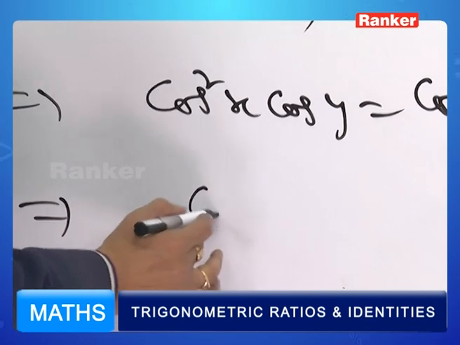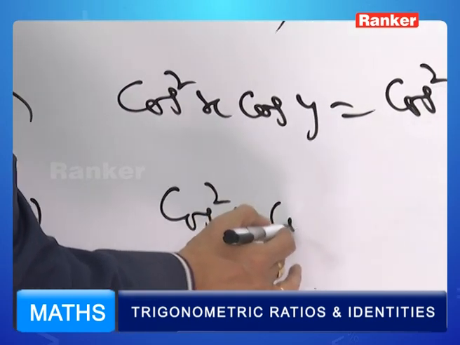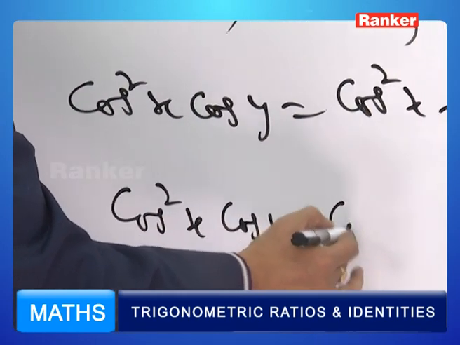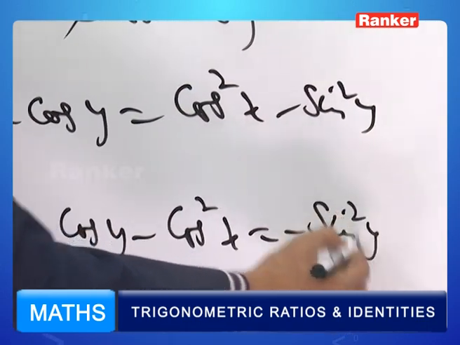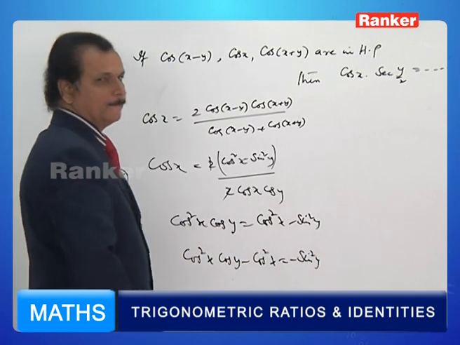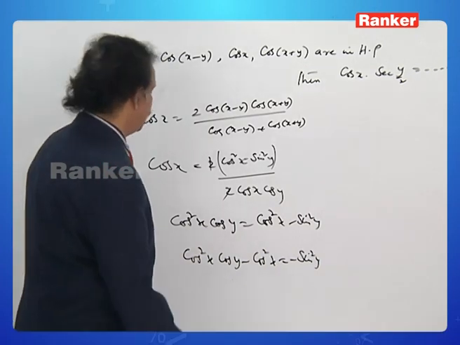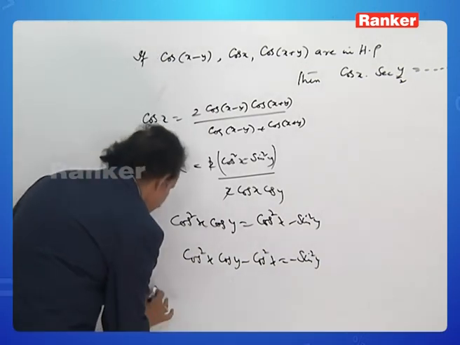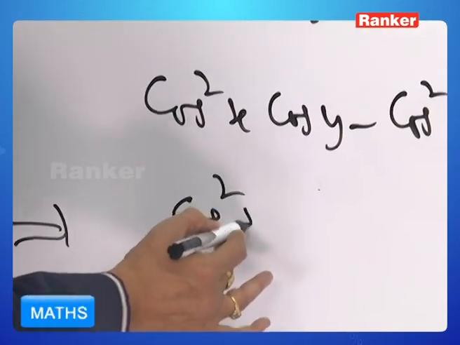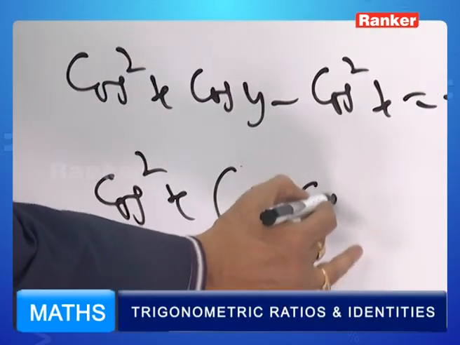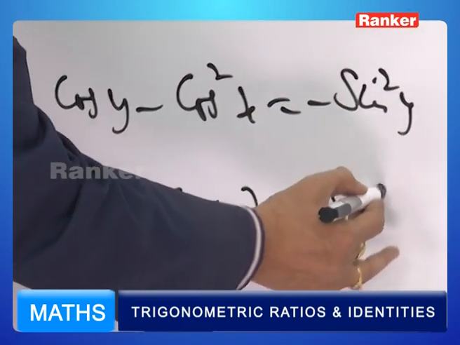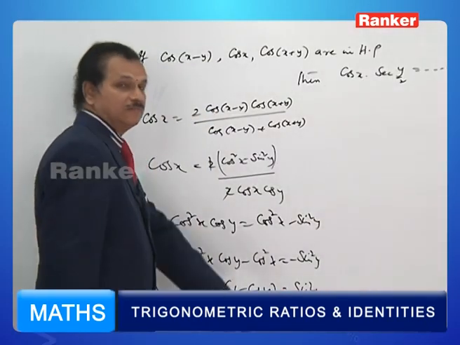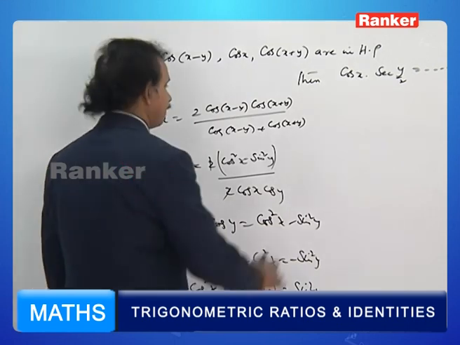This implies cos square x cos y minus cos square x is equal to minus sin square y. Or you obtain cos square x as a common factor: cos square x into (1 minus cos y) is equal to sin square y. Of course, I have multiplied with the minus sign on both sides.